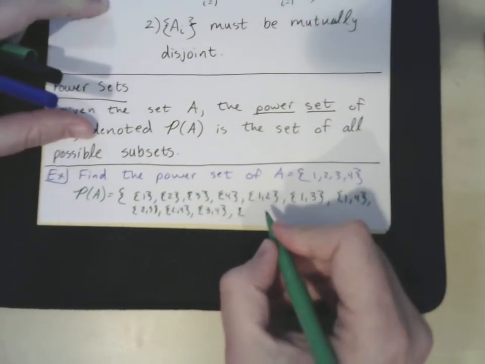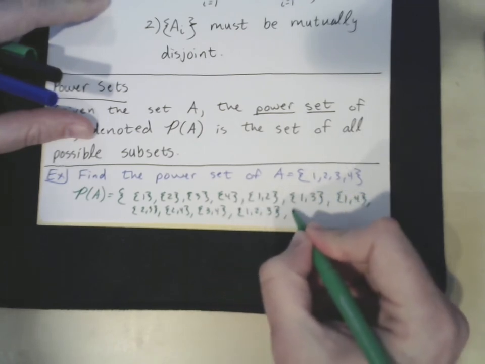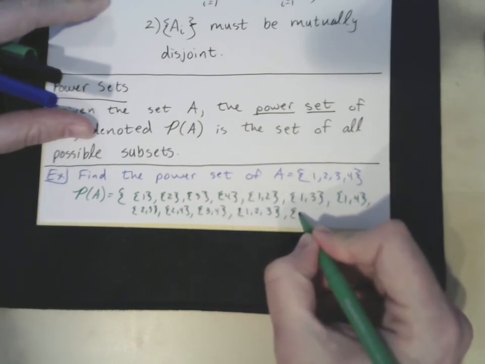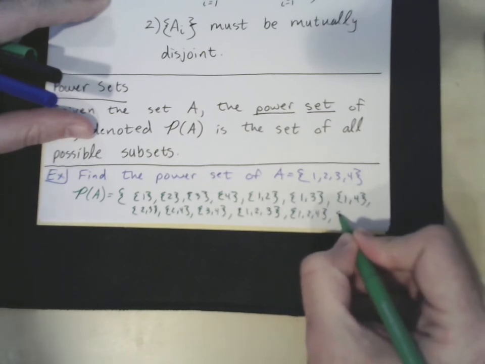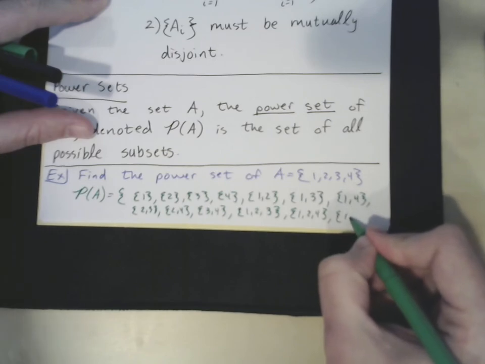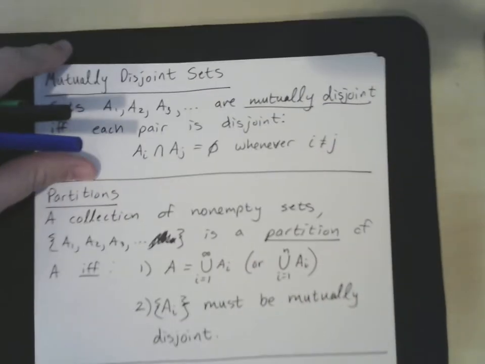Then we have {1, 2, 3}, {1, 2, 4}, {1, 3, 4}. I need more space.